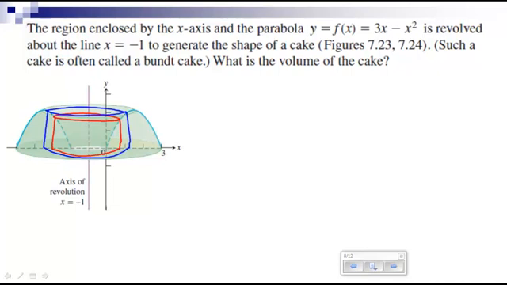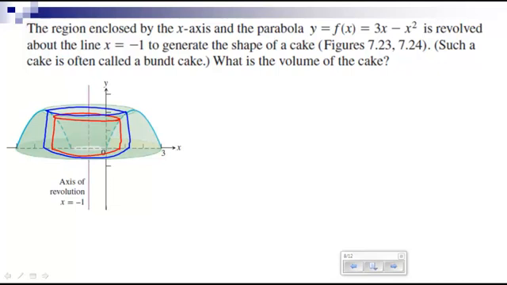For that particular radius, the top of the cylinder is right at the top of the bundt cake. The blue cylinder has the same base as the bundt cake, and its sides go up to meet the very top of the bundt cake as well. Of course, the bundt cake's a little taller there.